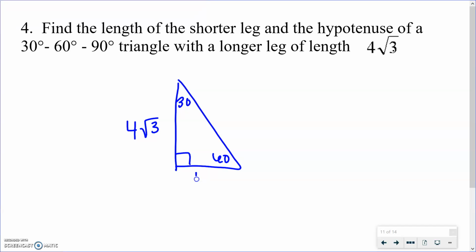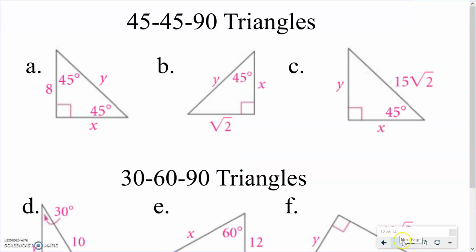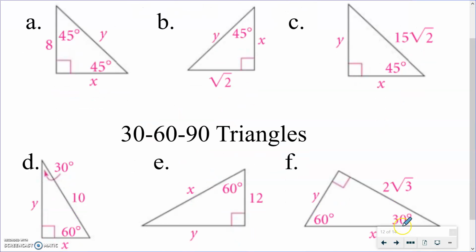We know the shorter leg then would just be 4, and our hypotenuse would be double that number, which is 8. Okay? So again, they're always going to have these same relationships, and so that's why we call them special right triangles. Okay? I would like you to try and use those and try and solve for the missing pieces on these. So pause this now and try those, and I'll put the answers up in just a moment.